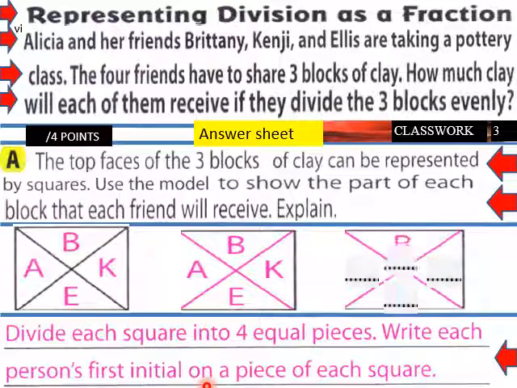B, A, K, E, B, A, K, E. And again, teachers, give your students a while on their classwork sheet. They have those closed areas that they can fill in. Give them a chance to do it and then do a reveal like this.